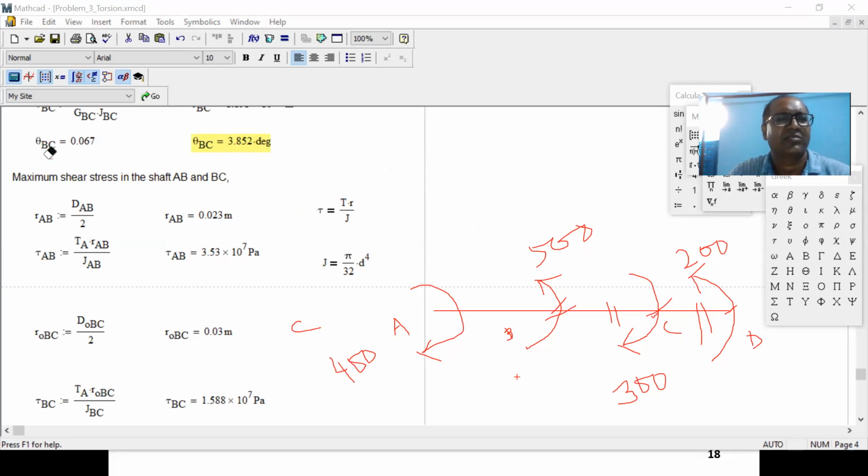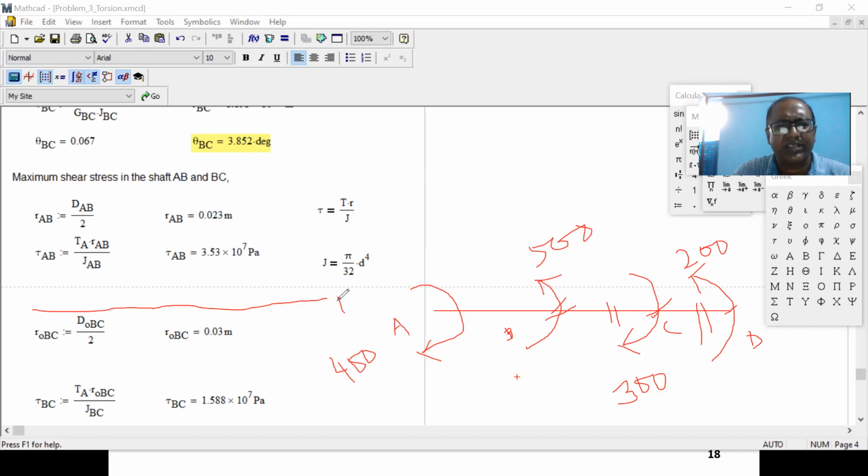For example, this is the line, that means the length of the shaft.